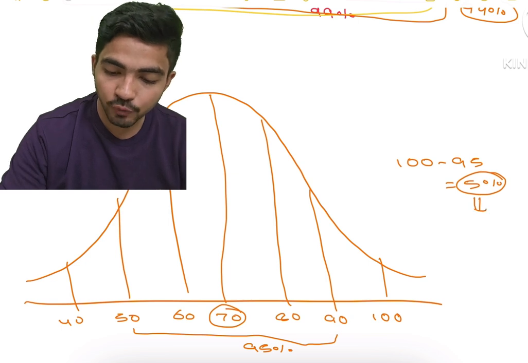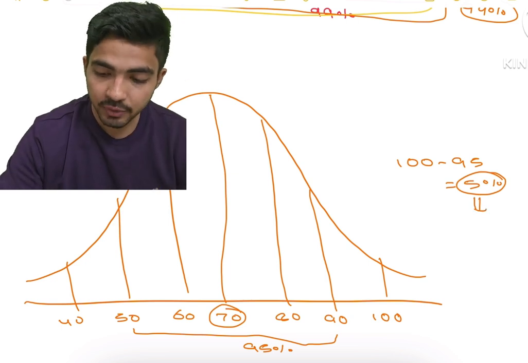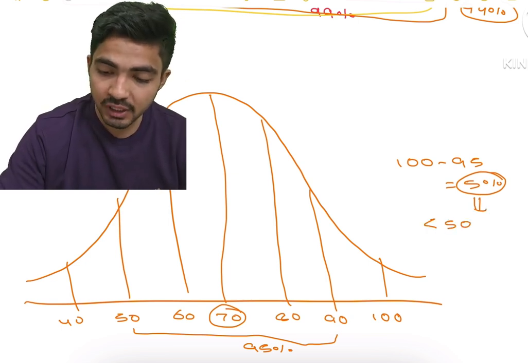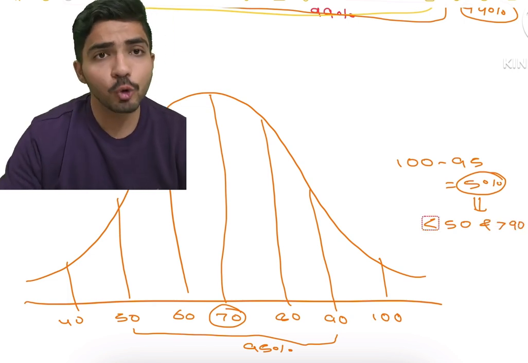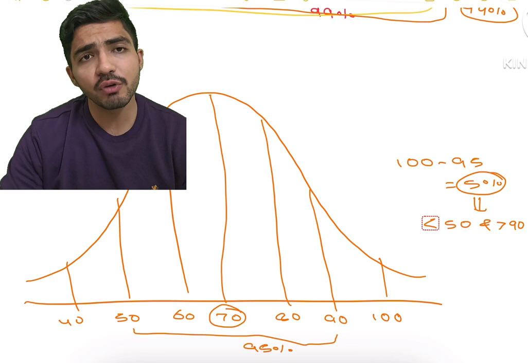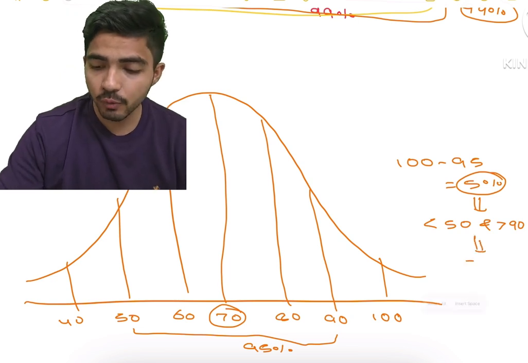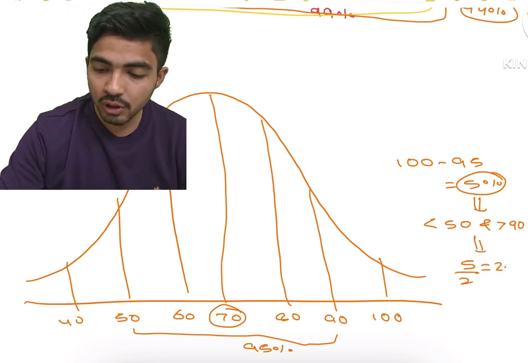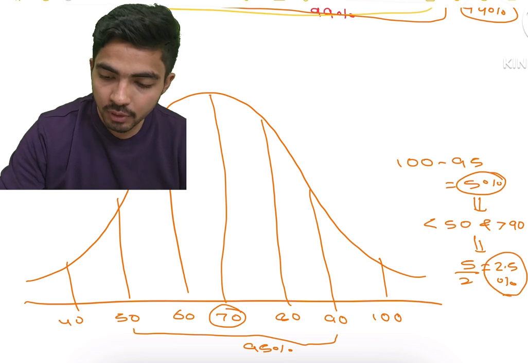So 5% of the students have weight less than 50 and more than 90. So my question is the number of students having weight less than 50 kilogram. It will obviously be 5 by 2, 2.5%.